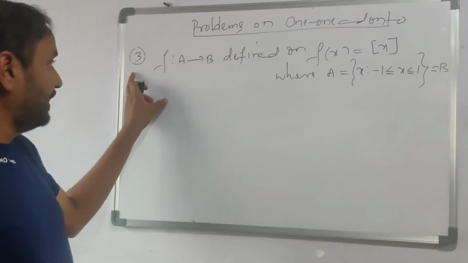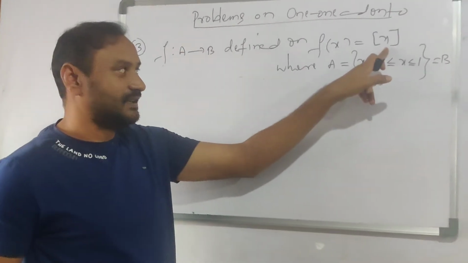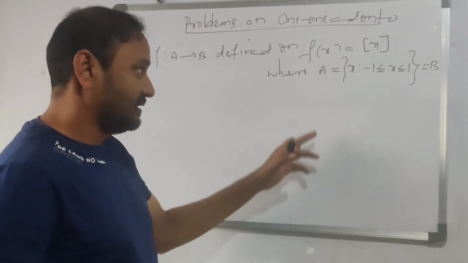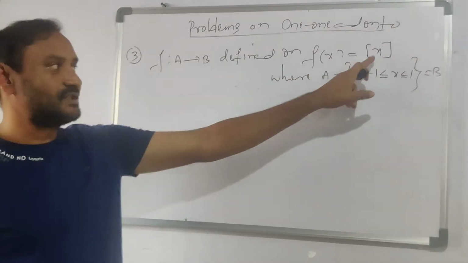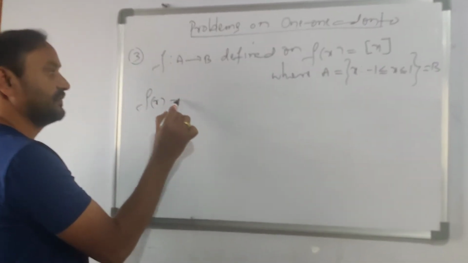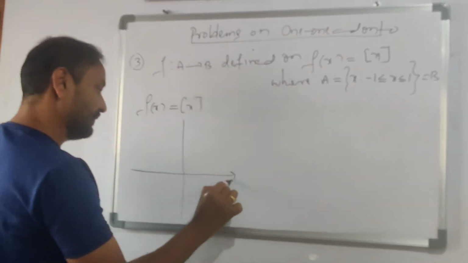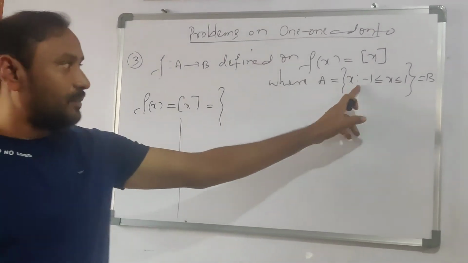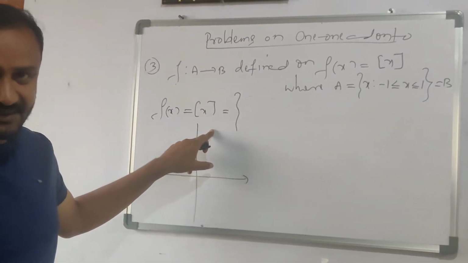So example 3. F from A to B defined by f of x equals step x, in the domain minus 1 to plus 1, which is also equal to codomain. Same domain and codomain taken. So now draw the graph of step x. When we replace domain values in step x, outcome values are always integers.